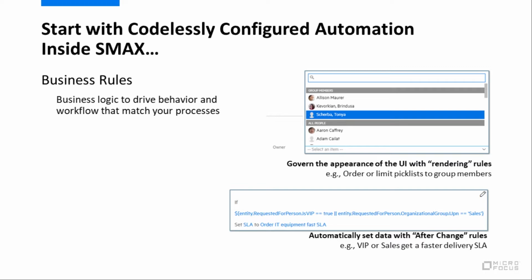And in these business rules, you can define a call to operations orchestration. This automatically will get all the flows that are available in the OO system, and you can connect any workflow in order to resolve your incident, to fulfill your request, or to perform the change that you need.